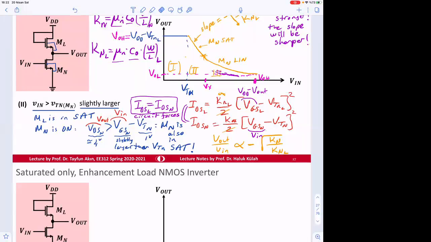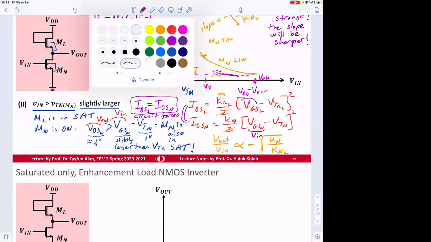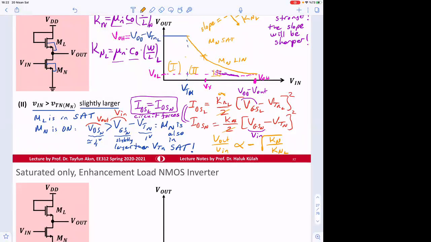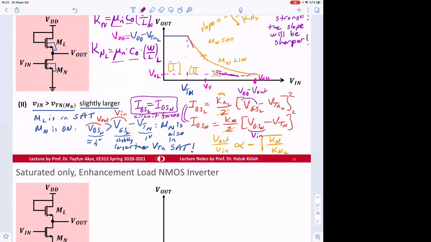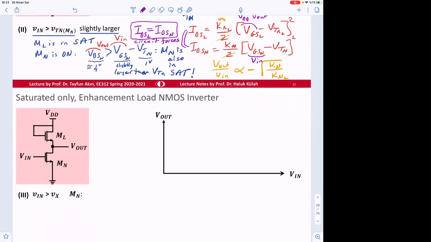Just to let you know this much, this will be going like this. I'm not going to complete that drawing because I'm not sure if the same Vx's are happening there.